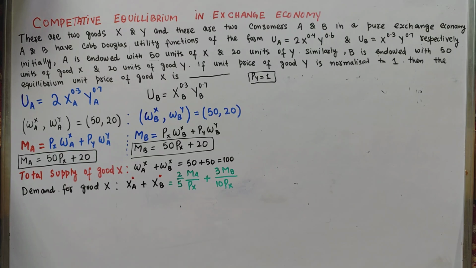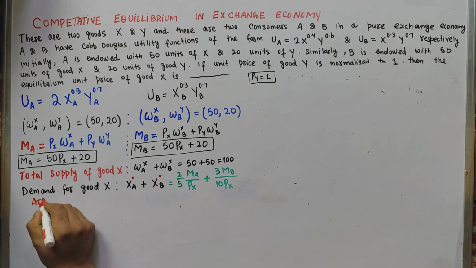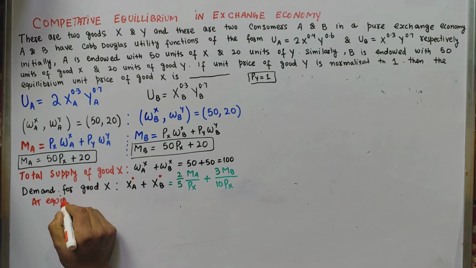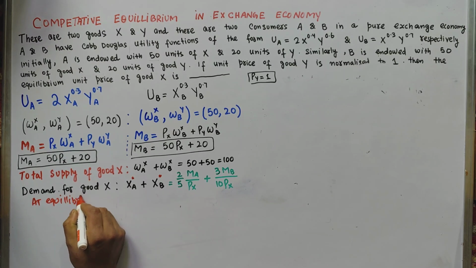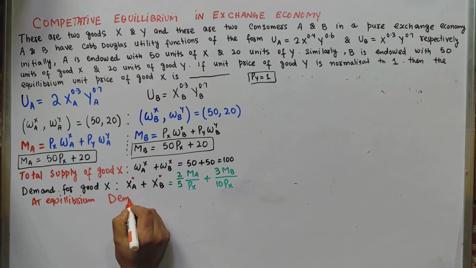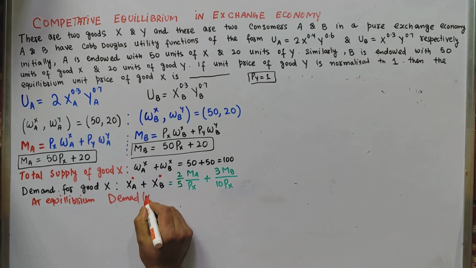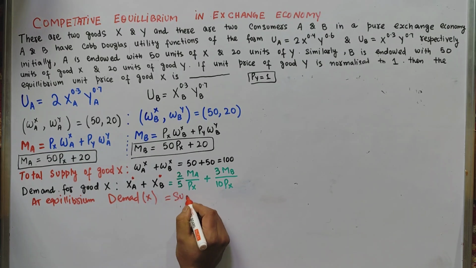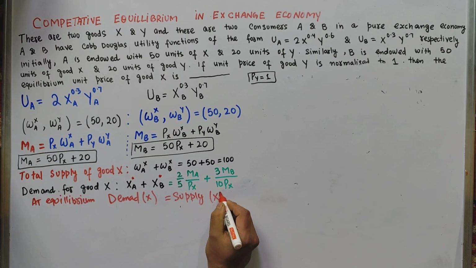Now we know that at equilibrium, demand for good x should be equal to supply of good x. What is the demand for good x? We have calculated it here.